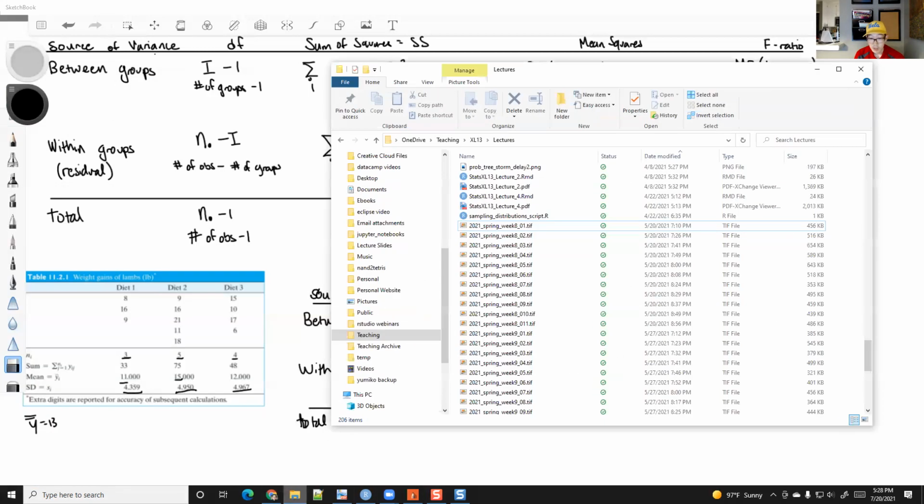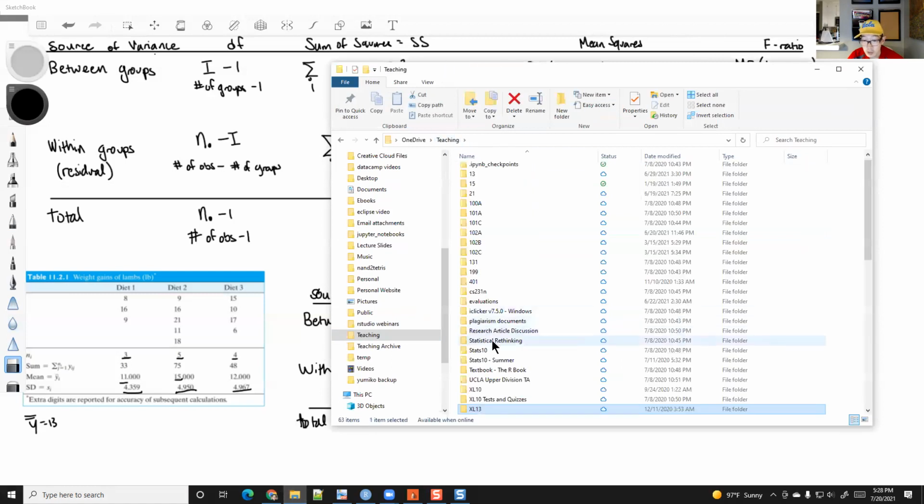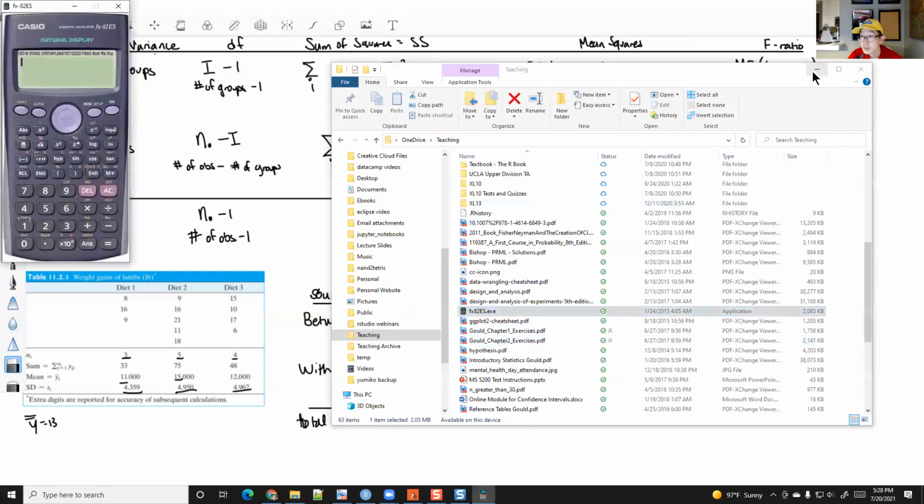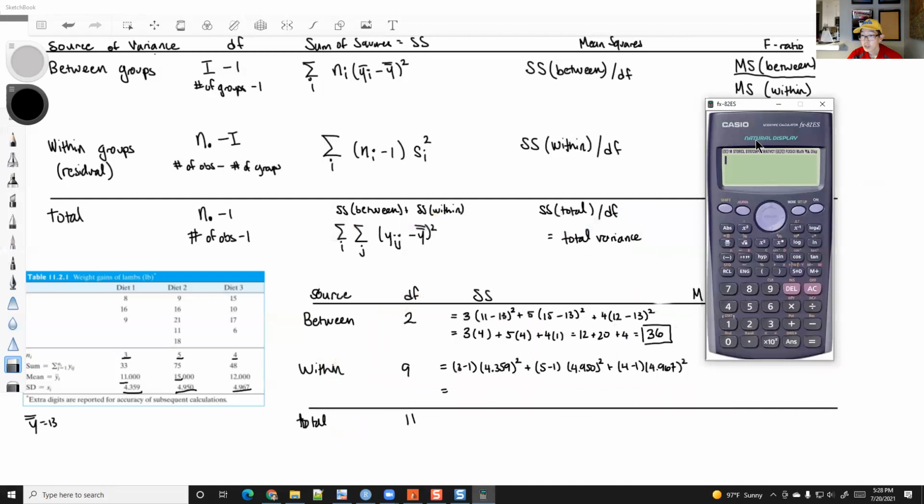Where did I put my calculator? My calculator is right here. So I'm going to do 3 minus 1 is 2 times 4.359 squared, plus 5 minus 1 is 4 times 4.95 squared, plus 4 minus 1 is 3 times 4.967 squared.